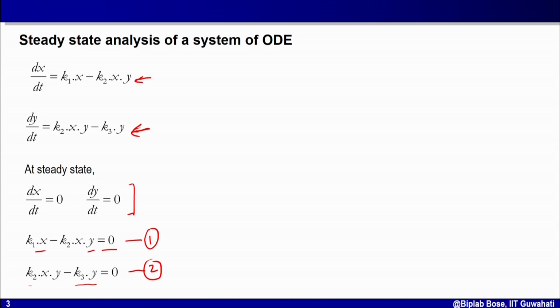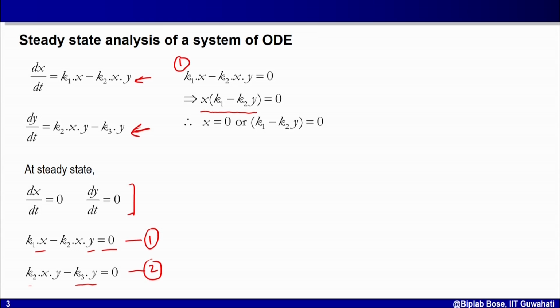Let us see how to do that. Let us take the first equation: k1 x - k2 xy = 0. I can take x common, so I get x (k1 - k2 y) = 0. That means either x = 0 or k1 - k2 y = 0.